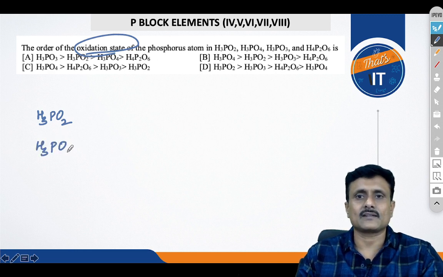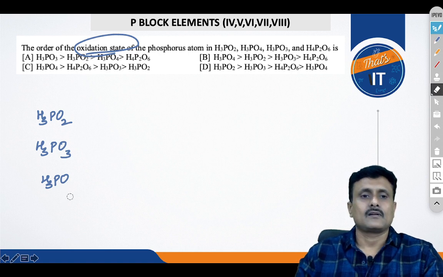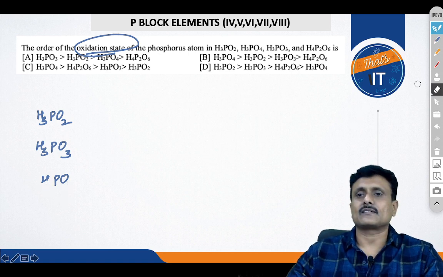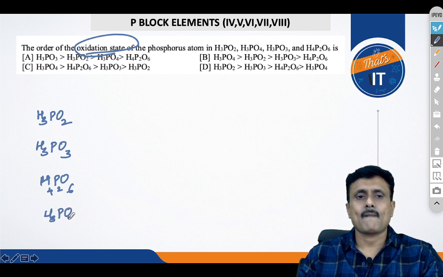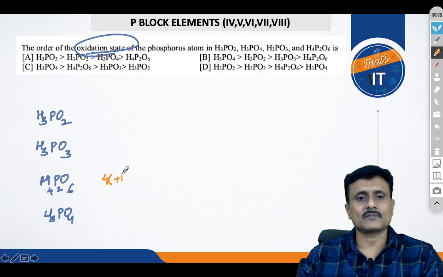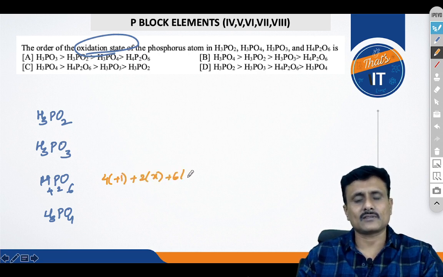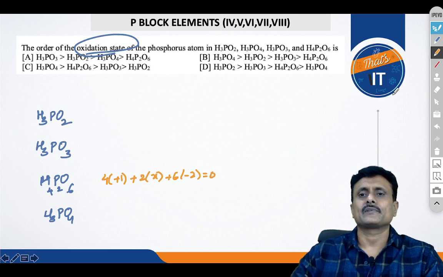I can't anticipate that you don't know the methods to calculate oxidation number. I am very sure you know it, but still I will discuss once. All right, you know how to do that. 4 into hydrogen is +1, plus 2 into phosphorus, let's assume as x, plus 6 into oxygen is -2 equal to 0.